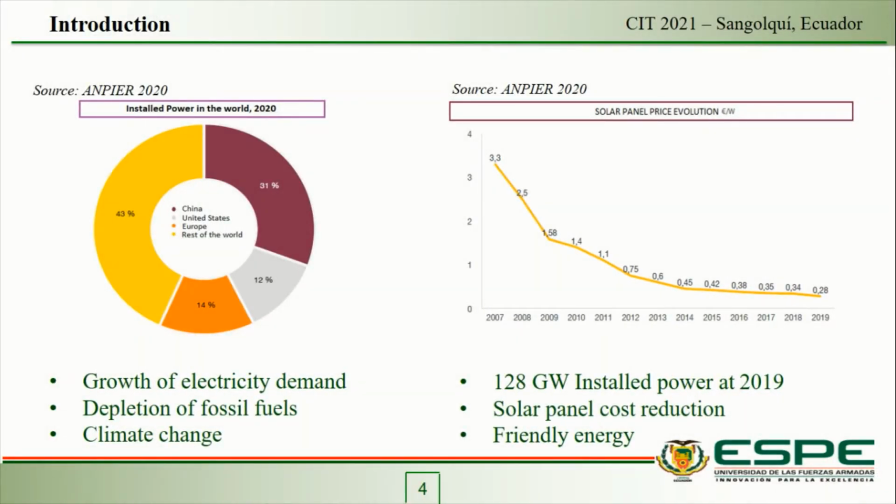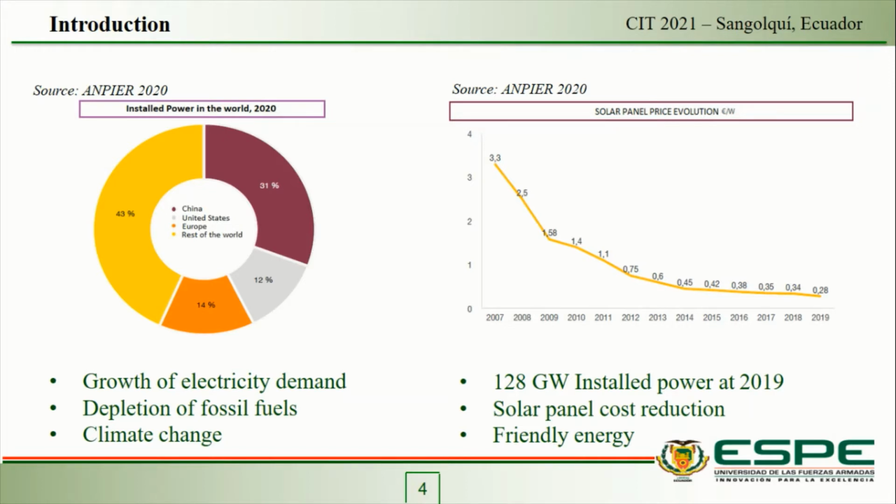The constant growth of electrical demand, the depletion of fossil fuels, and the impact of their use on the planet have led to solid research of alternative energy resources for electric power generation. That is why the production of renewable energy sources has increased in recent years.